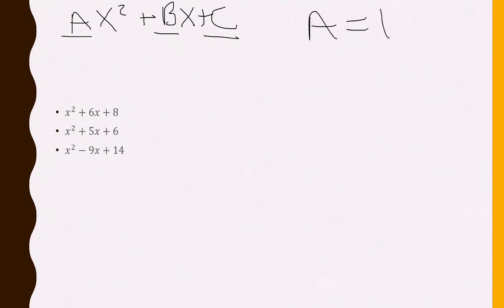So that is ax squared plus bx plus c, where a, b, and c are all integers and a is equal to 1. In other words, problems that look like the ones you see before you: x squared plus 6x plus 8, x squared plus 5x plus 6, and x squared minus 9x plus 14.